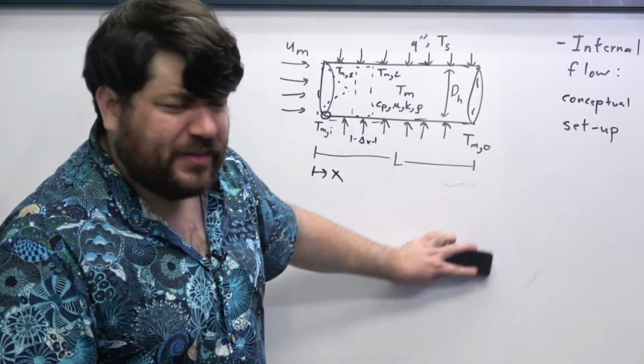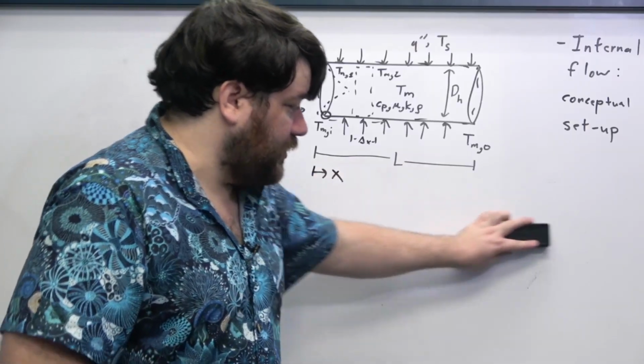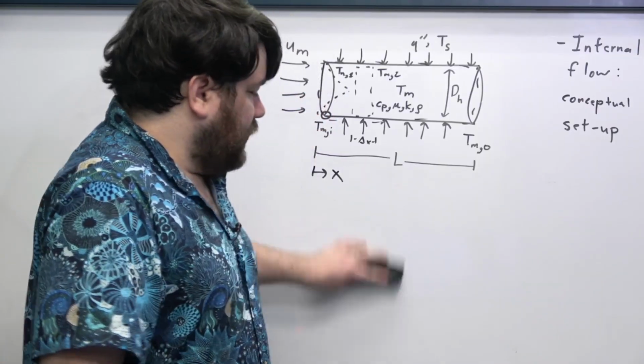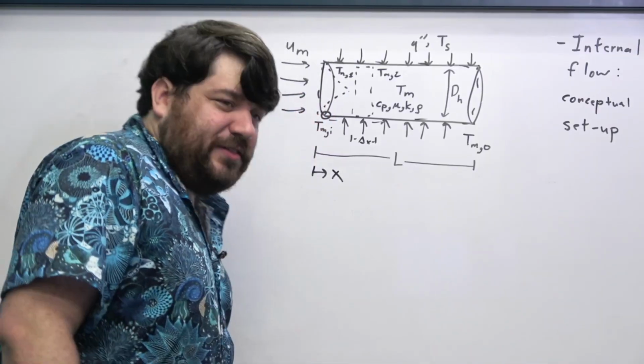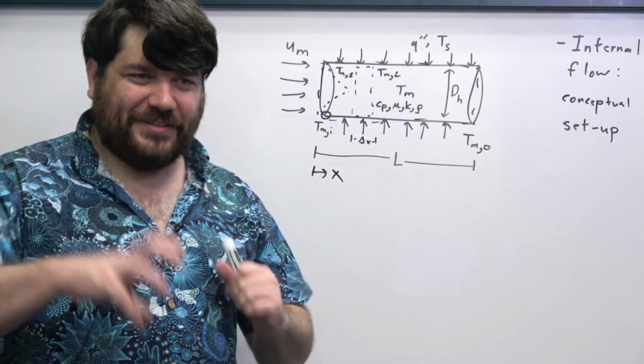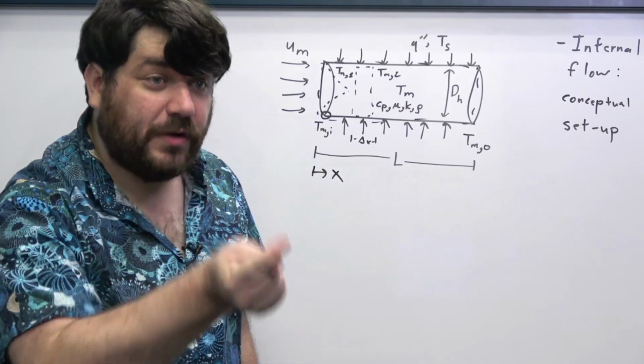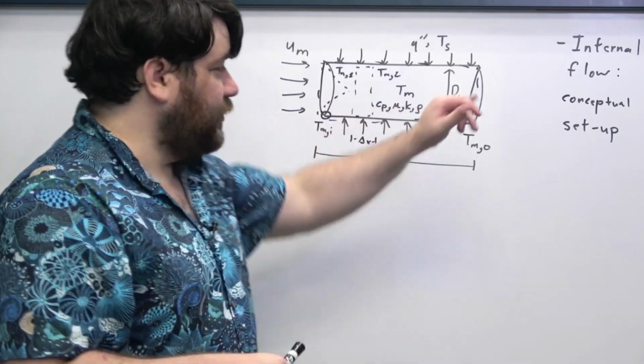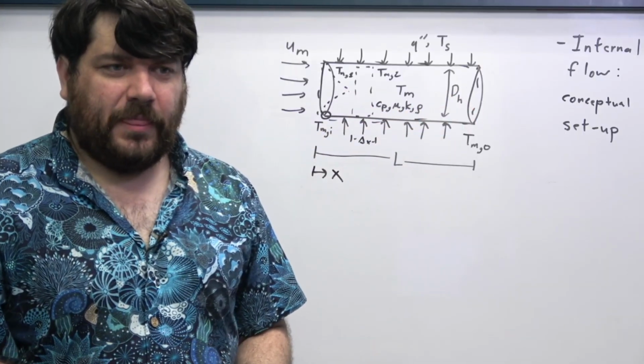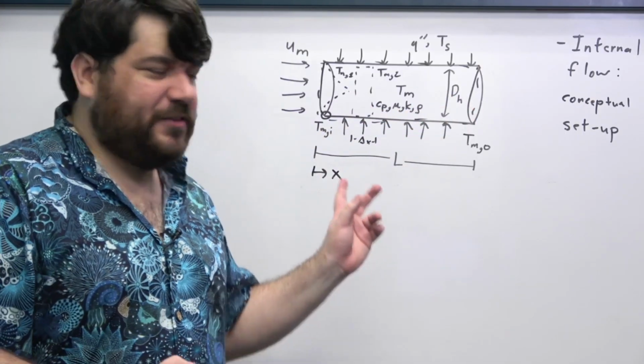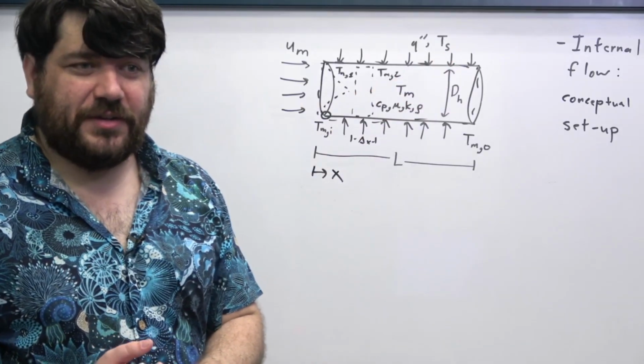Sorry, I got sidetracked there a little bit, providing you some important information about how flows are characterized in these systems. But let's get back to the thing that we're here to do, which is to try to determine how the temperature of the fluid changes as a function of x in a scenario where we have a constant surface temperature.